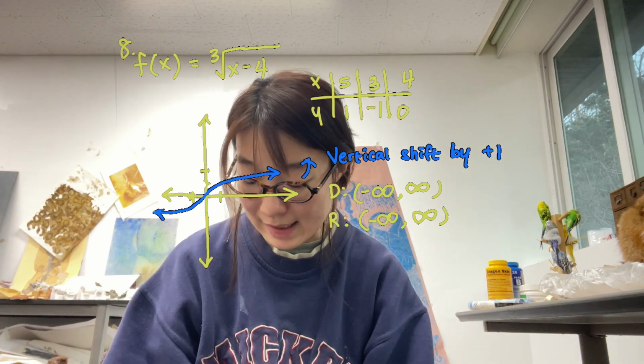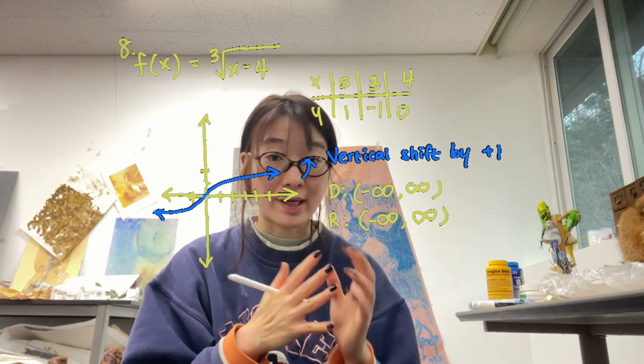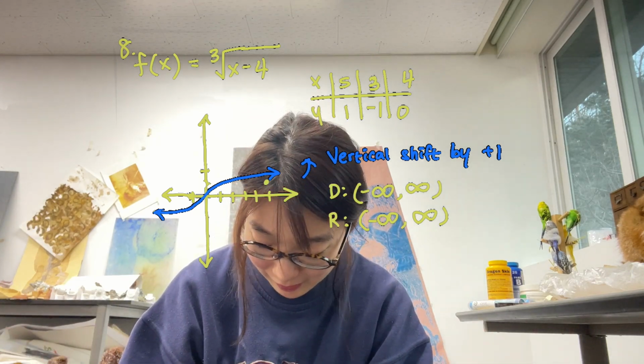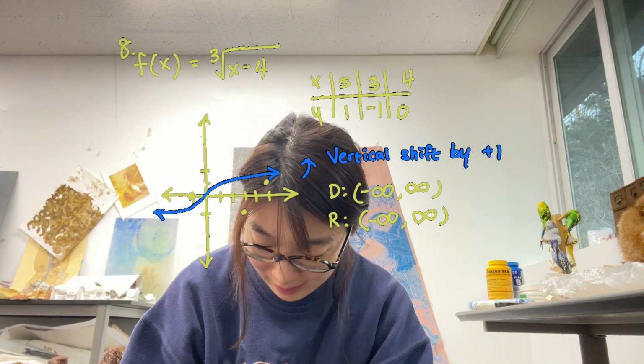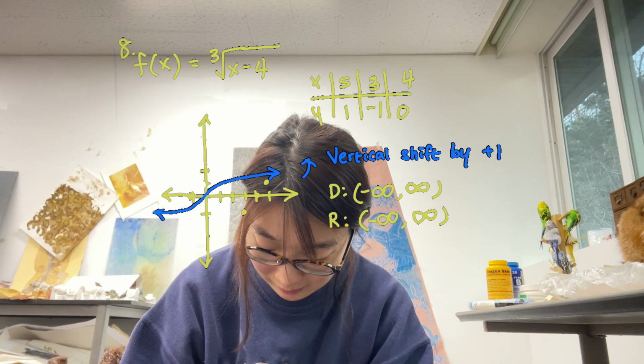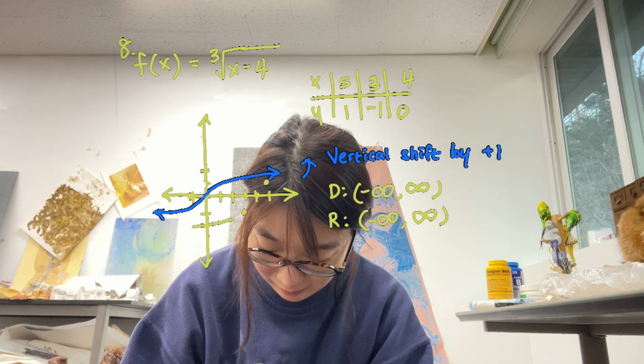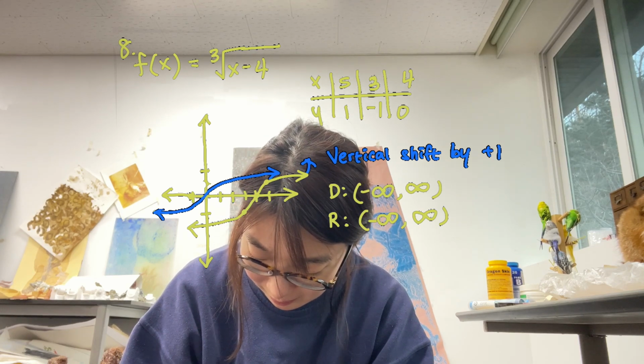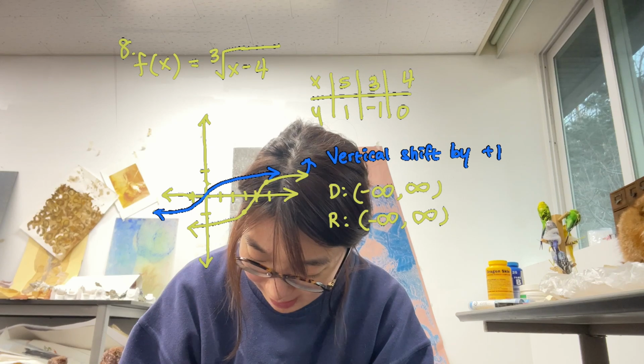And when x is 5, I will get positive 1. So if I were to graph it, (3, -1), (4, 0).